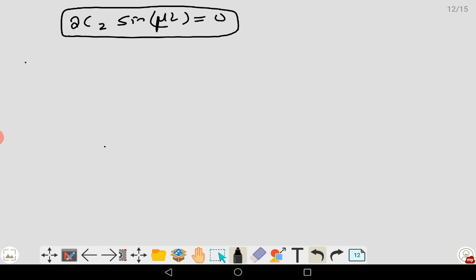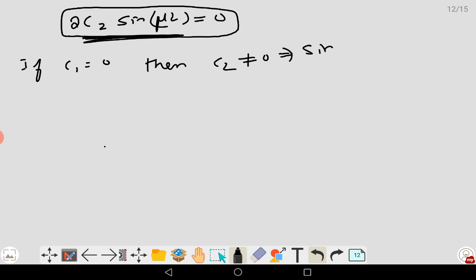We don't know what is the status of C1, isn't it? Just we conclude that if C1 is 0, then C2 should not be 0. Therefore, C2 could not be 0. Therefore, the product of these two should be 0. Therefore, this gives sin mu L should be 0.